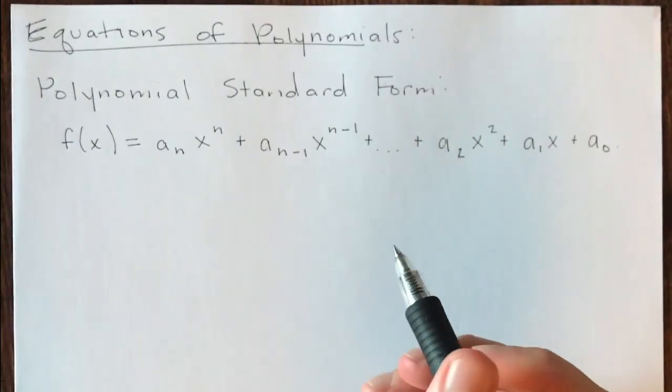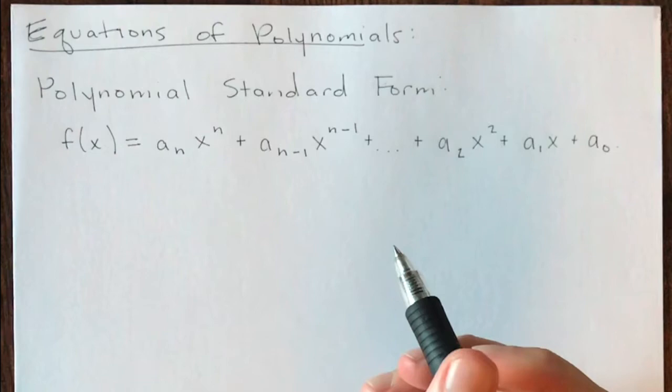Why does a sub 1 times x not have an exponent? If a sub 2 belongs with x squared and then the next term is a sub 1 times x, what's the exponent? If we don't have an exponent written, then it's just 1, right? Because there's one x there. So there's kind of a silent 1 on that a sub 1 term.